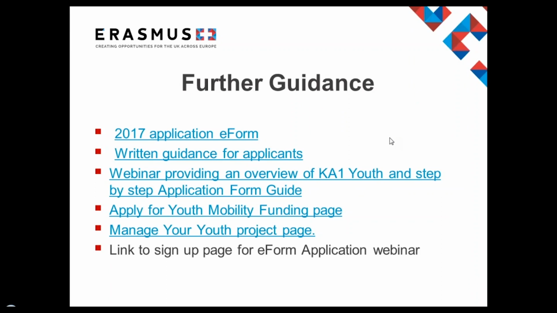On this screen, I provided a link to the 2017 programme guide and with specific page references to useful information if you're planning to submit an application. On page 279, you will find information on required accreditation.